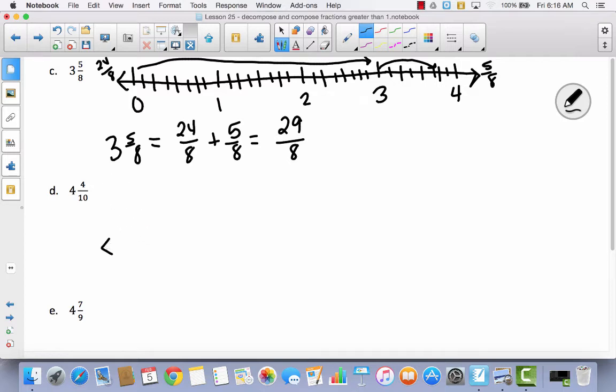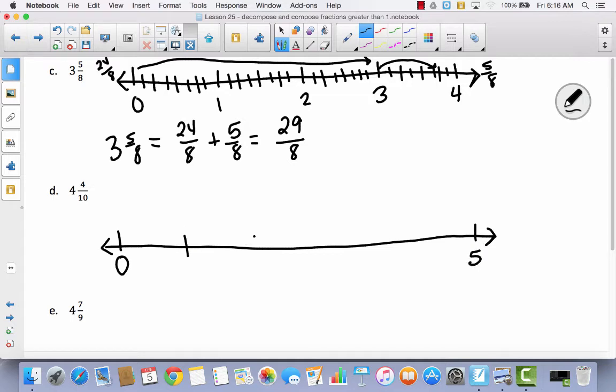Okay, let's try this one. Tenths are a little bit easier to add to, so this will be a little easier. Let's go ahead and get this number line drawn together, and then we're going to see if you can do the rest of this by yourself. So I'm going to go from 0 to 5. I'm going to put in 1, 2, 3, and 4, and then we're going to divide these into tenths.